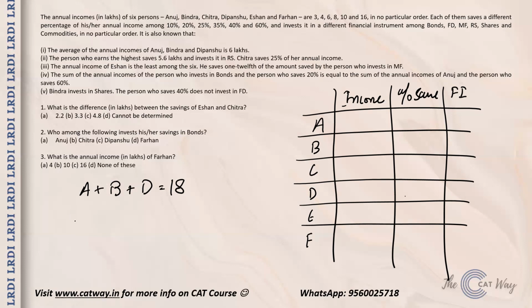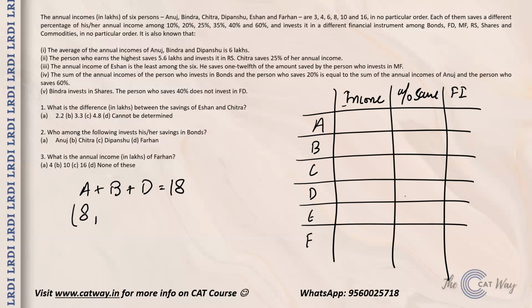Then let's say if one person takes 10, what are the possibilities for the other two? You need an 8 again and there is no possible combination with which you are getting 8. So 10 is not possible.